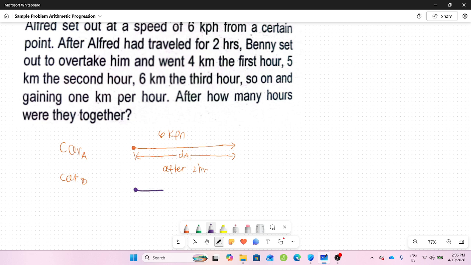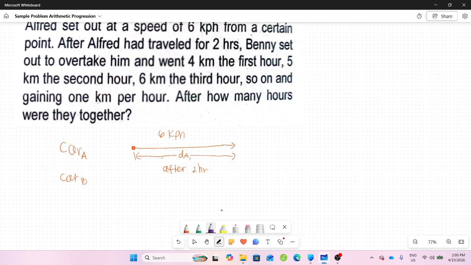Car B starts to move to overtake car A. The condition for car B is that it moves with an increasing speed of 1 every 1 hour. So after 2 hours, car B starts to move, and after every hour, car B increases its speed by 1.